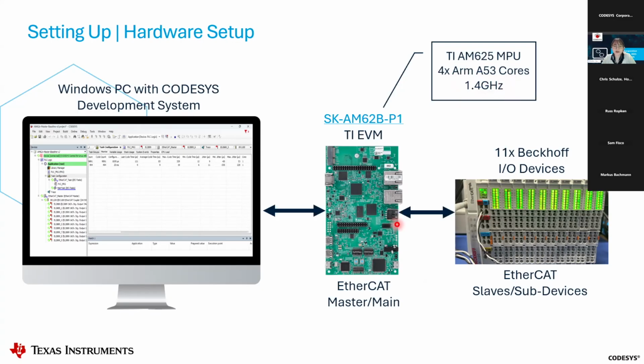This will serve as the EtherCAT main device, and from one of the Ethernet ports on the evaluation module, I have connected 11 Beckhoff I/O devices that are serving as the EtherCAT sub-devices. These devices include one EtherCAT coupler and 10 16-channel digital output modules. On the other Ethernet port, I have connected a Windows PC that is going to be running the CODESYS development system.